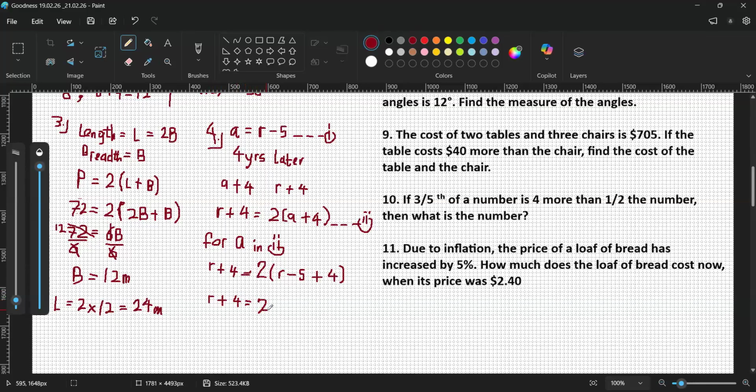So that will be 2R, minus 10, and plus 8. It would have been minus 8 if there was a minus on the 2, but there's no minus on the 2, so it's a plus 8.